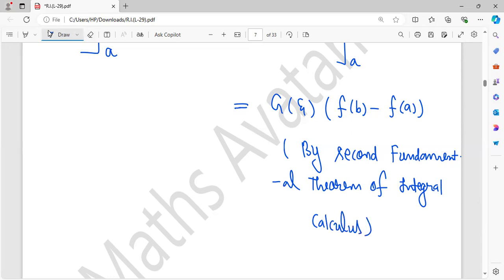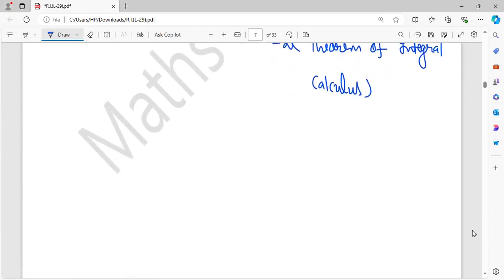Okay. So what we have actually, now we put the value: integral a to b G x f dash x dx. What is the value of G xi?